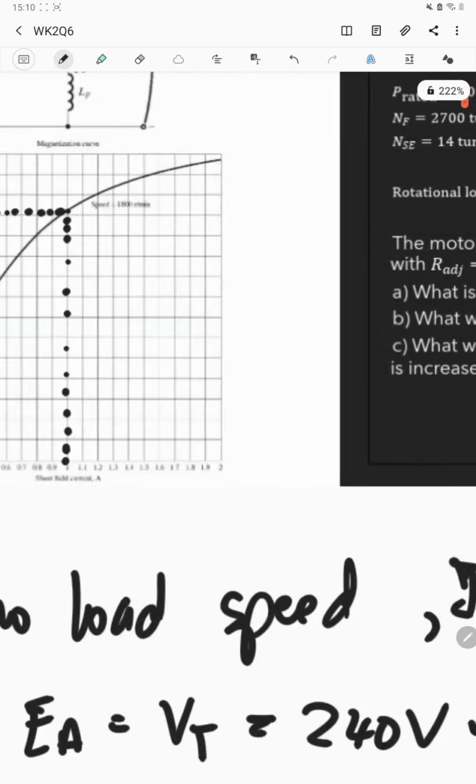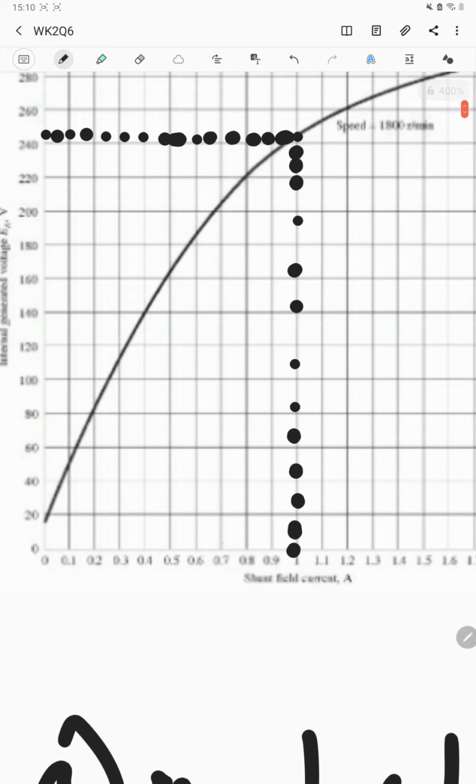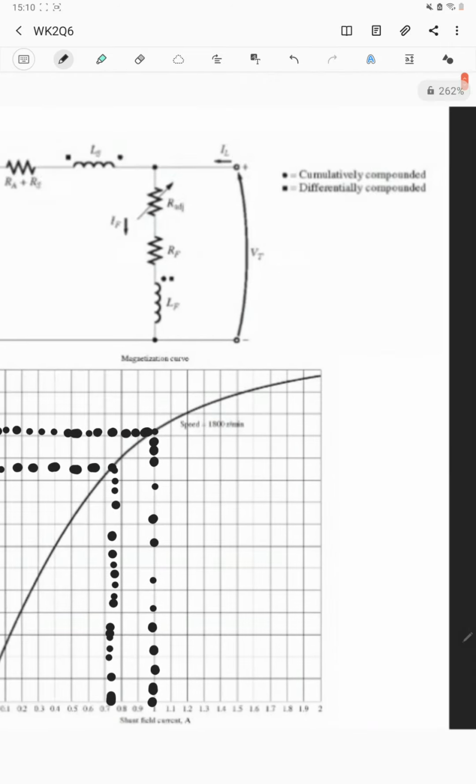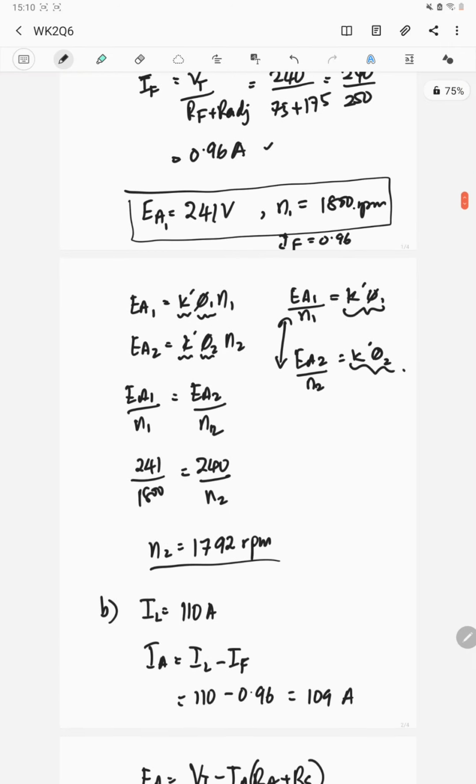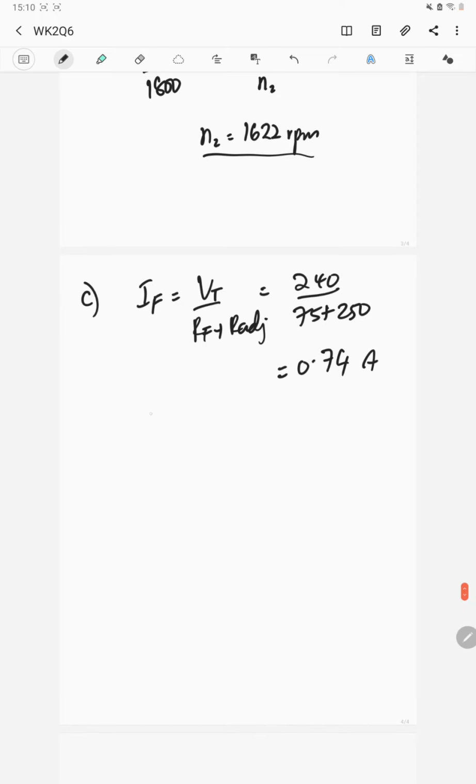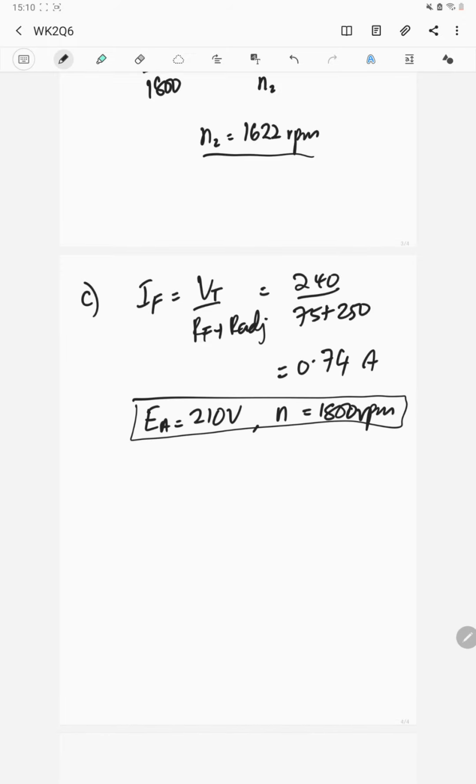So if we take a look at this point here, 0.74 is somewhere there. We're looking at about 210 volts. So EA is actually 210 volts if the speed is running at 1800 rpm, when the field current is 0.74.